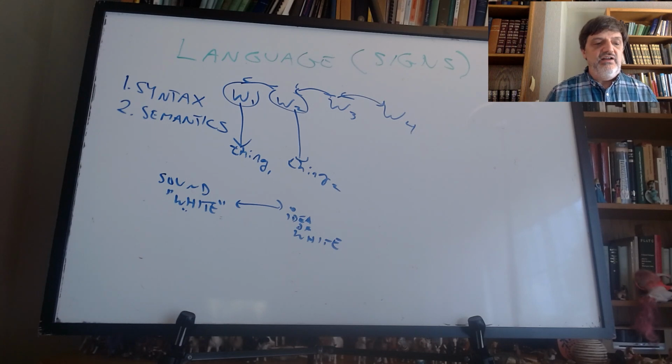The sound white is a reliable symptom of the idea in the speaker, and it's a reliable cause of the idea in the listener, but not because they're naturally associated with each other, but rather because we've both consented in common to these rules, and that's what makes us speakers of the same language.